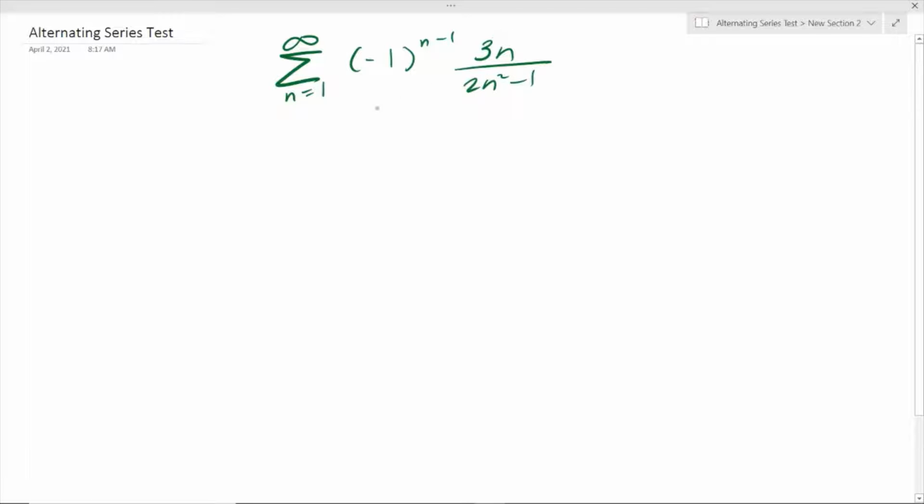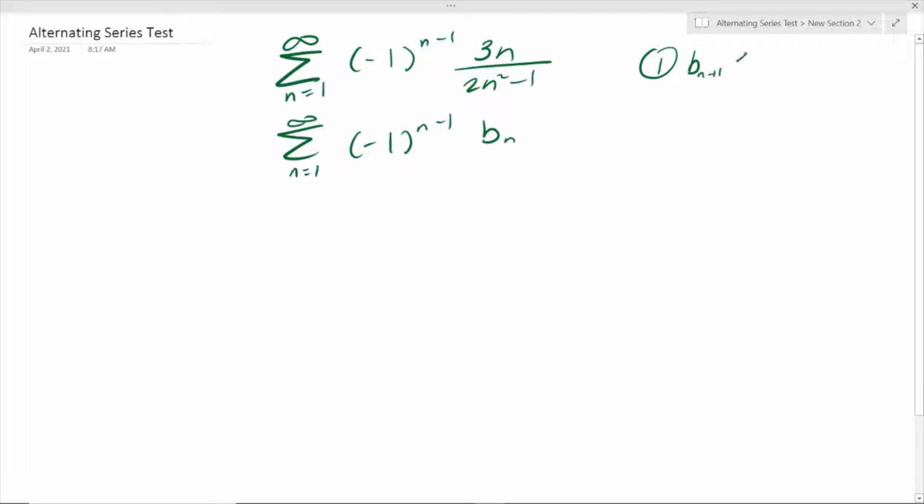It doesn't have to look like this. The basic form is something like this. It doesn't have to be n minus 1, it could be n, just like I mentioned before, or n plus 1. This doesn't have to be n equals 1, it could be n equals 2, something like that.